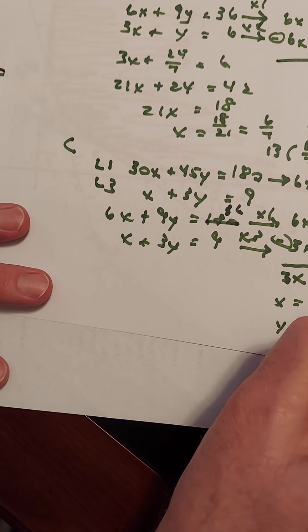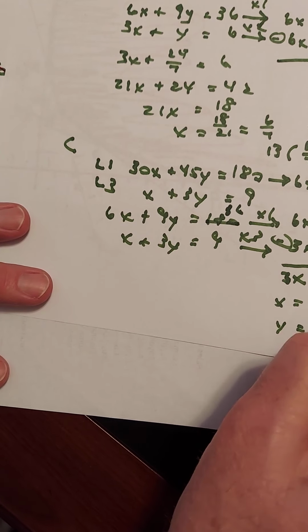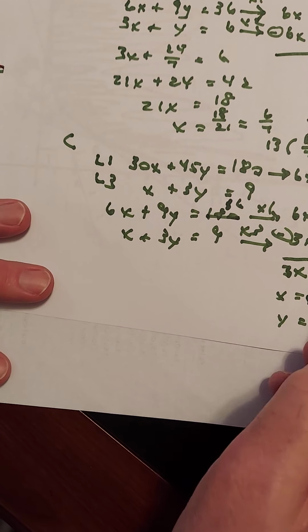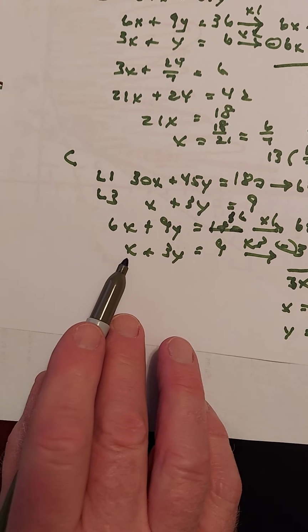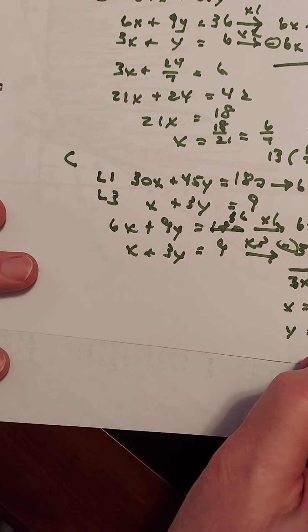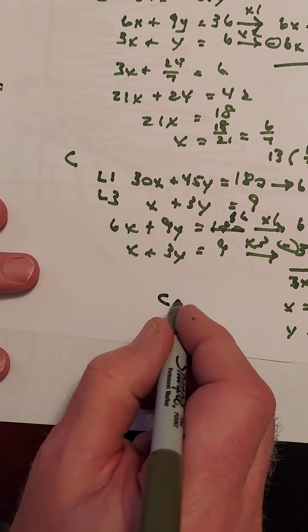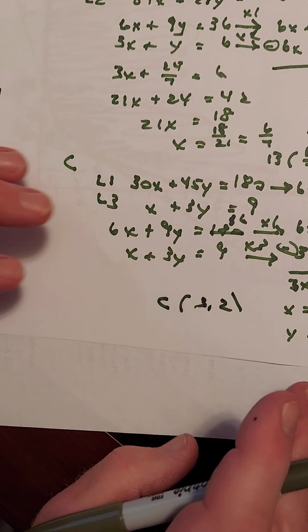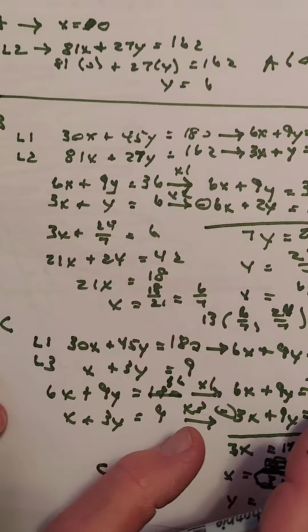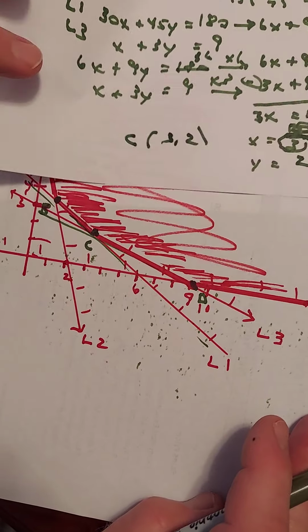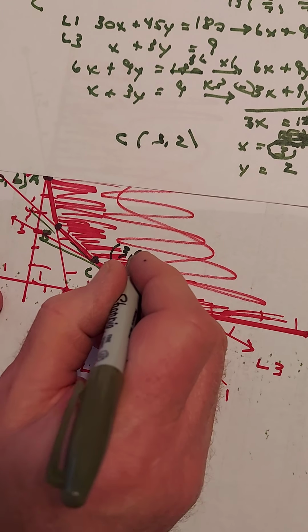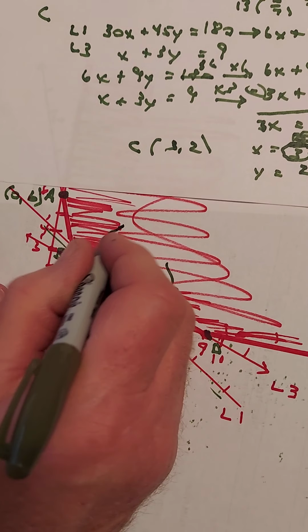This is 9. 9 over 3, x is 3. And if you put it back in there, y is going to be 2. So that tells you C is going to be the point 3, 2. So back to my picture. This point is 3, 2.